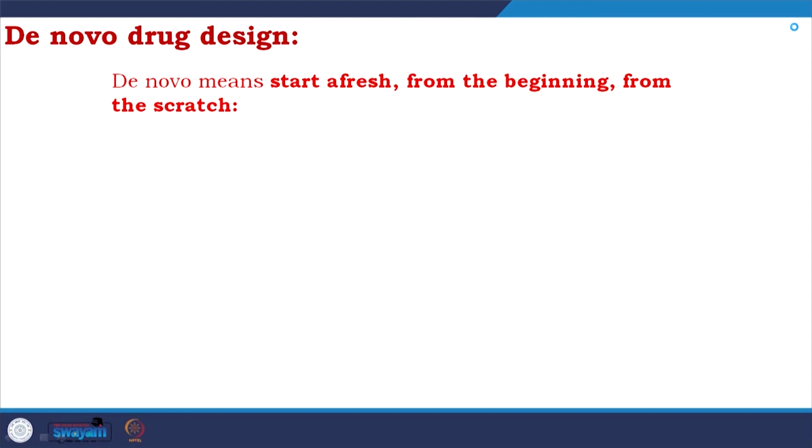If you start designing a drug from scratch, that unique process is called de novo. Now, you will ask me, if it is from scratch, why does it come under structure based drug discovery? Yes, I am going to give you the answer.